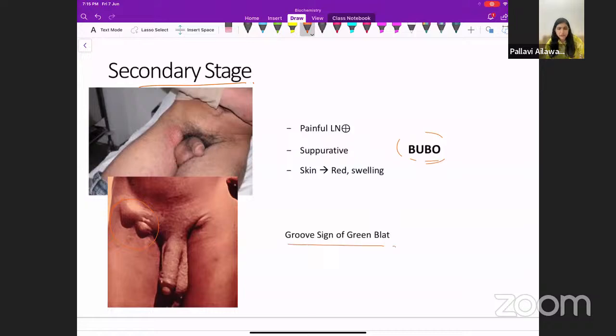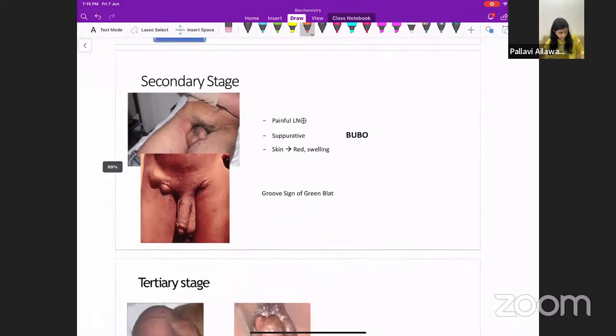And there is the groove sign that is visible in the bubo here. Any other doubts? No doubts?